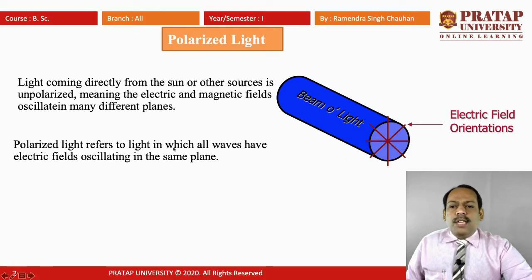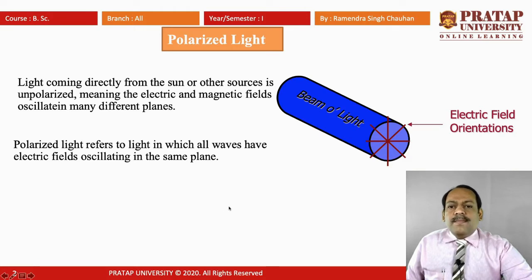Polarized light refers to light in which all waves have the electric field oscillating in the same plane. If we can confine all these vibrations to one plane only, whether like this or this or this, then we can say that the light is polarized.